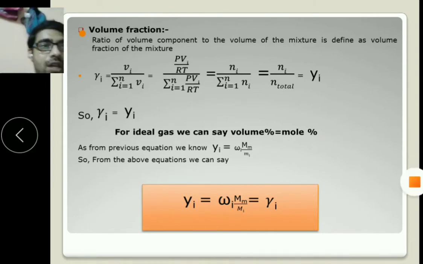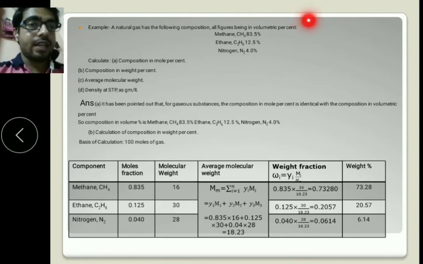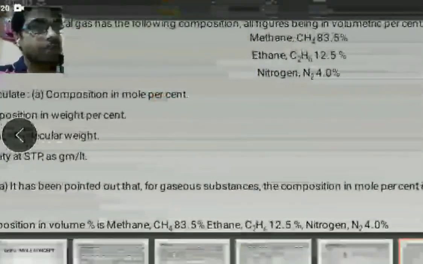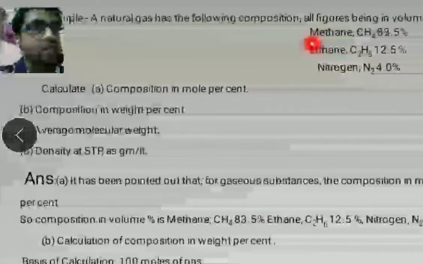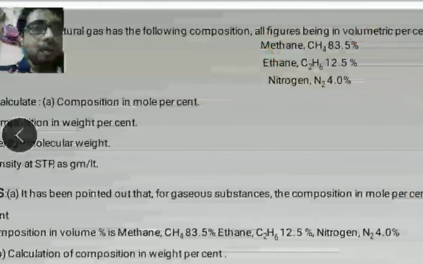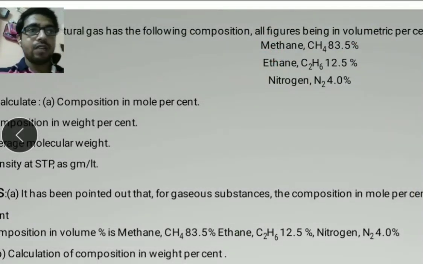Okay, so we are going to an example. We have a natural gas having the following composition by volume percentage: methane 83.5%, ethane 12.5% and nitrogen 4%.